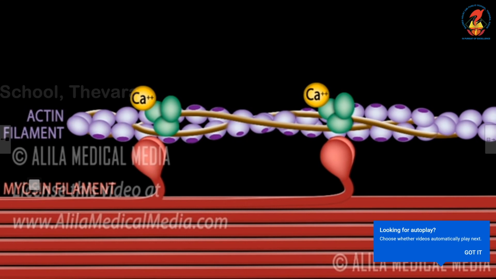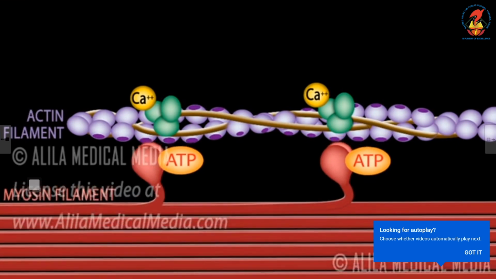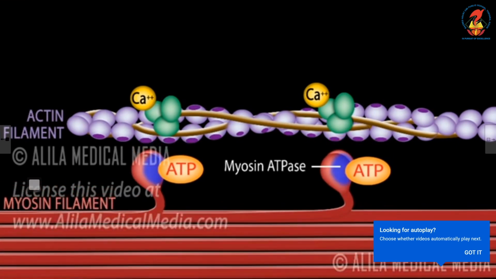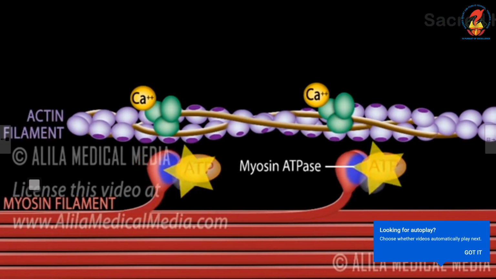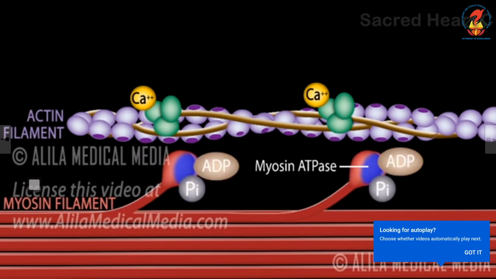Now, with the arrival of a new ATP binding on the myosin head, the cross bridges break. Cross bridges are broken, and now the ATP again does its work. It hydrolyzes to form ADP and P, and the energy that is released is stored in the myosin head.